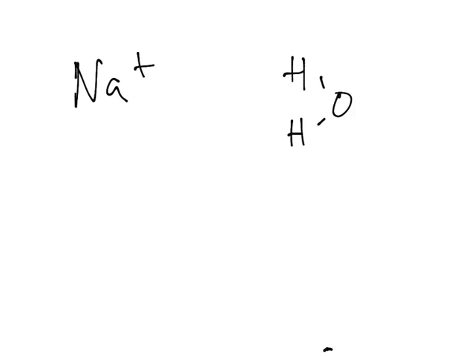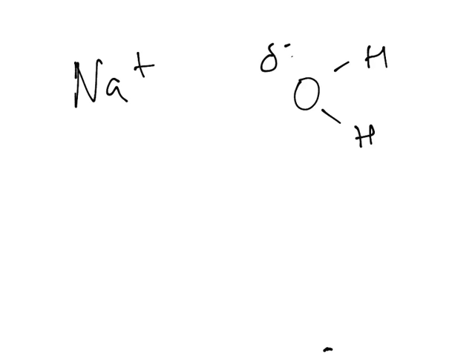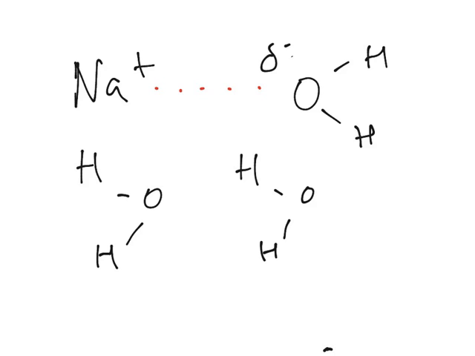And so just to summarize, ion-dipole: we have an ion on one side, like sodium, and a dipole on the other side, like water, and there will be an interaction between them. I should draw this the other way. Oxygen, hydrogen. This part is delta negative, so these two are attracted to each other. Hydrogen bond: we have two waters. The hydrogen will bond to fluorine, oxygen, or nitrogen, so there will be an interaction here.